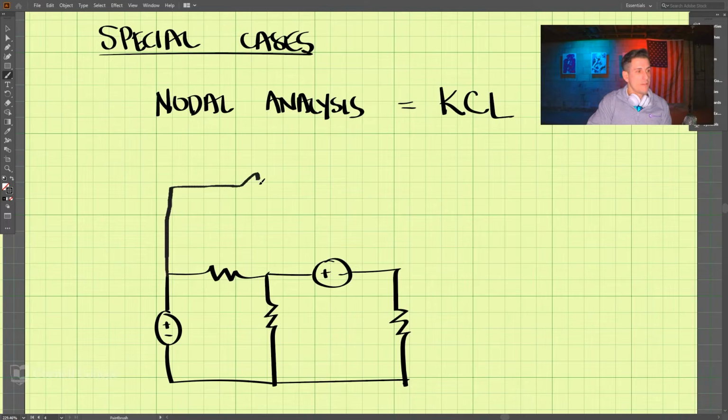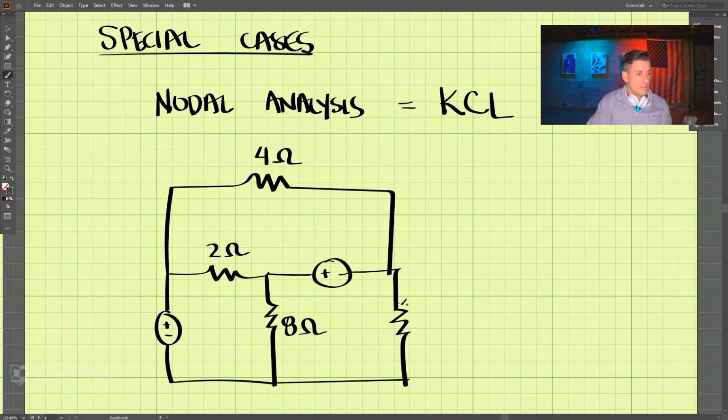And one more resistor up here. Now, this one is 2 ohms. This one is 4 ohms. This resistor is 8 ohms. And this resistor is 6 ohms. This voltage source is 5 volts. And this voltage source is 10 volts.